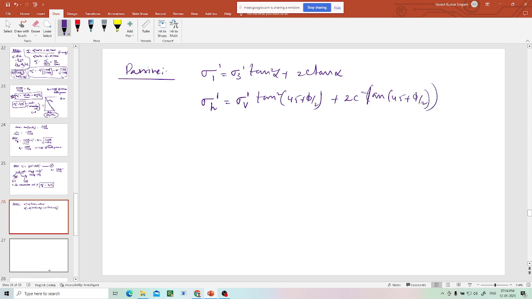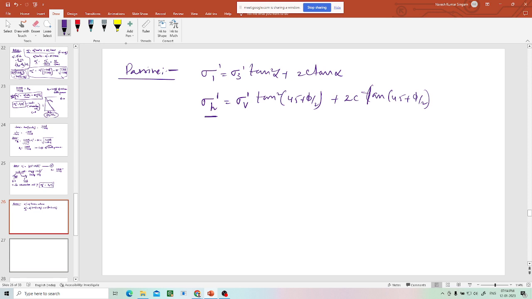Now, we need to find out sigma h dash, that is the earth pressure. So that should be on the left side. It is already on the left side because of the passive nature, so no need to convert anything.